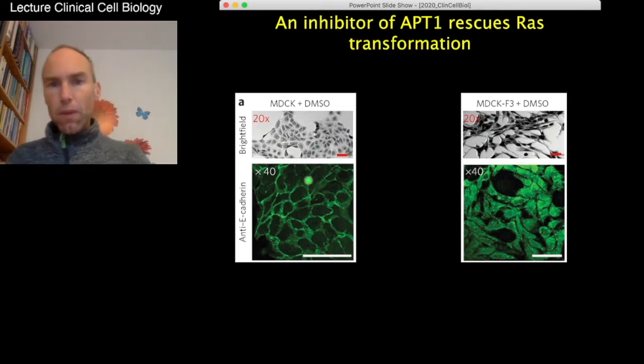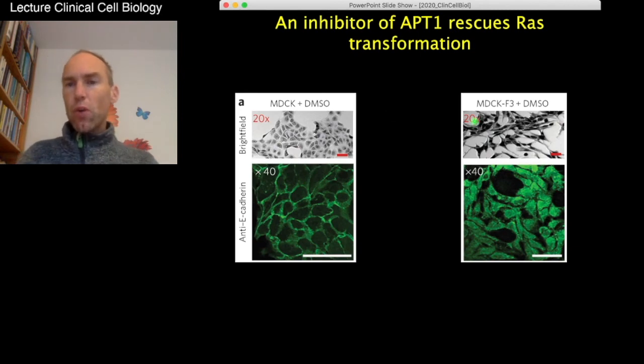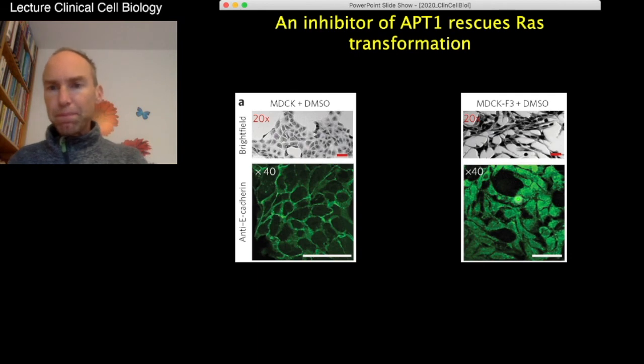And then they also looked at this MDCK variant, which has a constitutive active RAS. So these are transformed cells in which RAS is active. And what you see, they have a different phenotype, they look different, and also this cadherin staining at the borders is lost, which is one sign that they undergo EMT.